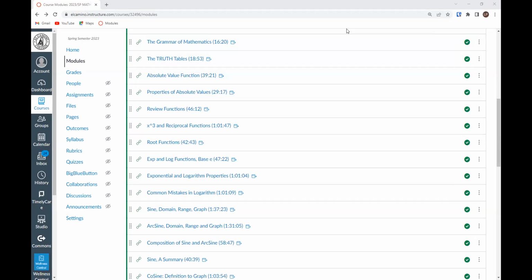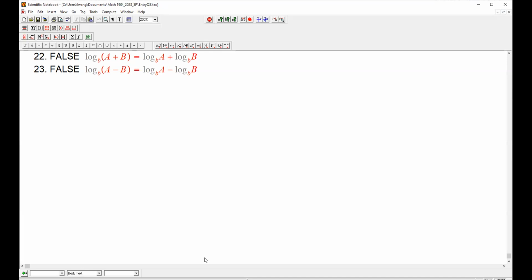To make it short, I'm going to go back here and just give you what is true and what is false. This is false, but what is true? I also give you a counterexample.